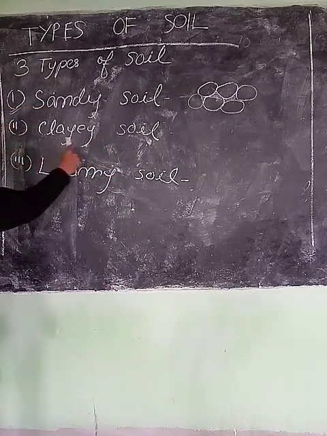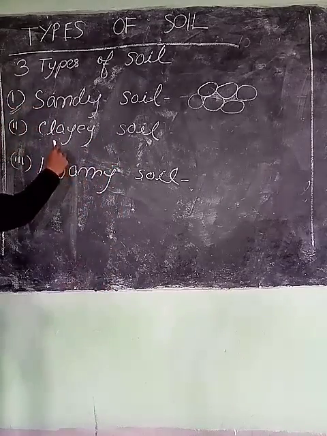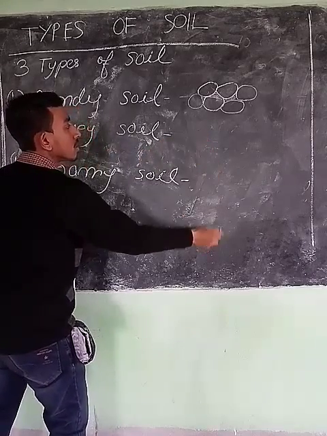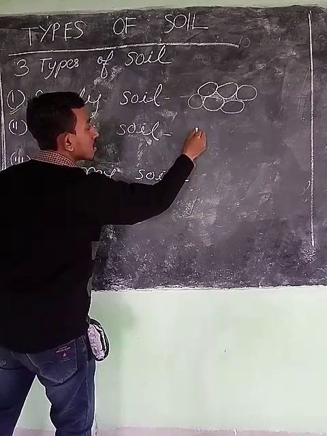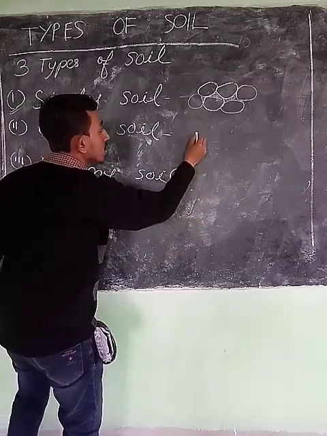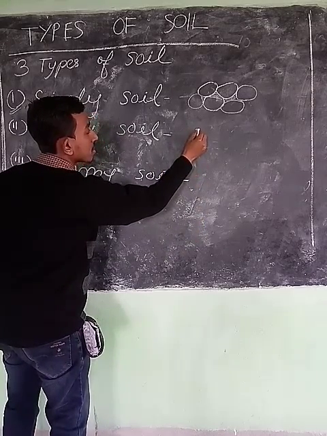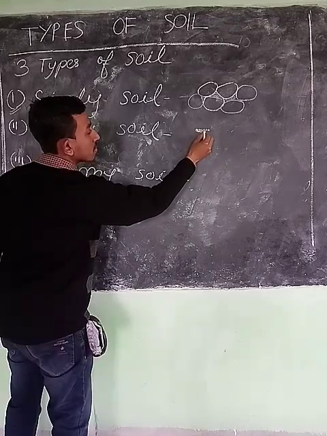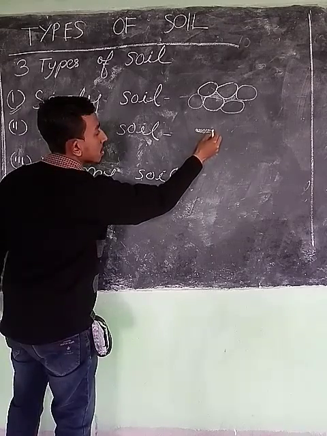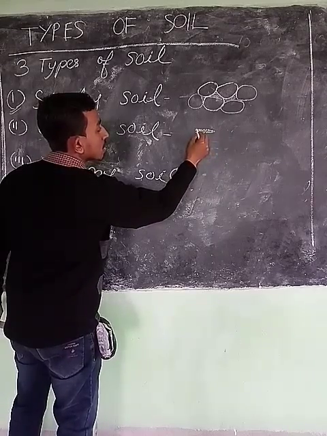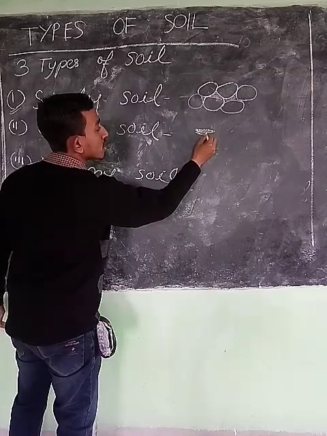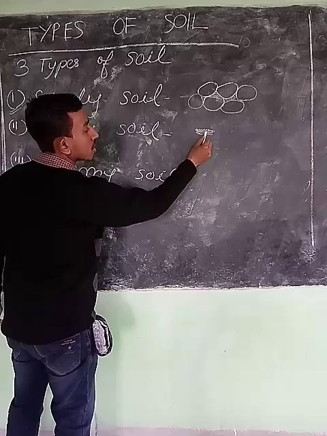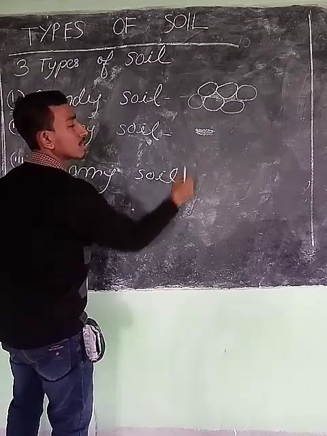But in case of clay soil, the rock particles are of very small size. Due to the small size of the clay particles, the space between the particles is also very small.